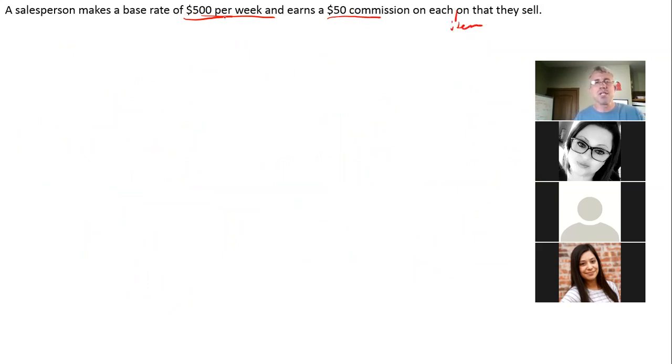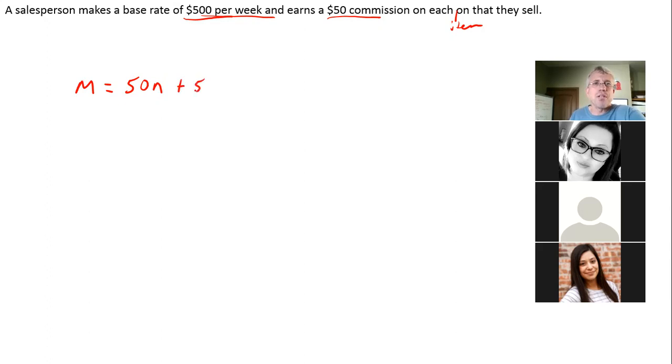So if you have something like this, you could do a linear function that talks about how much money they make. The money I make is, I get $50 per item I sell. I'll use N for item, and big M for money.